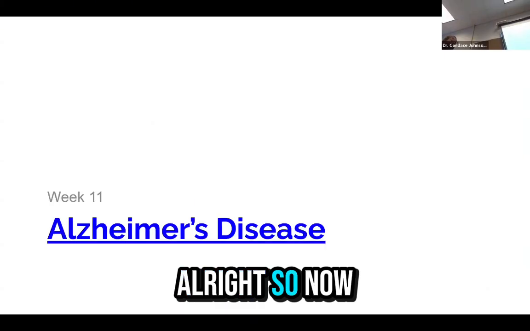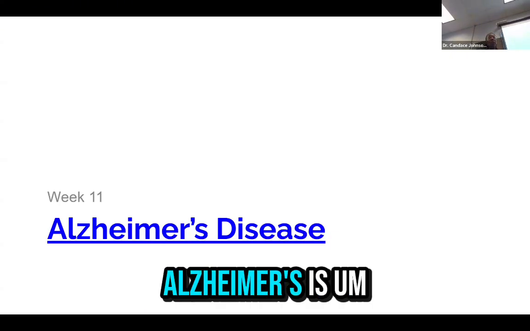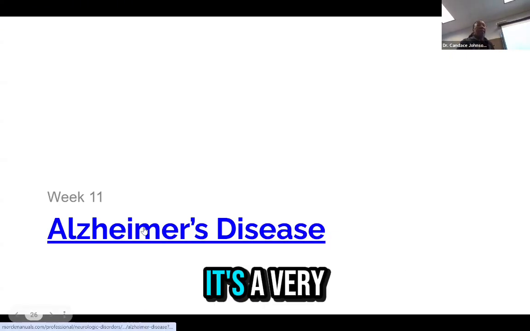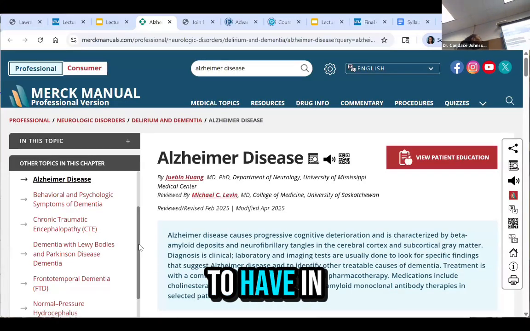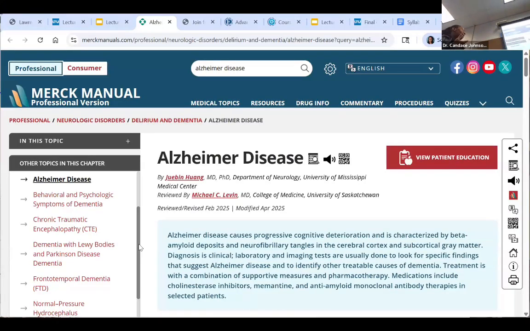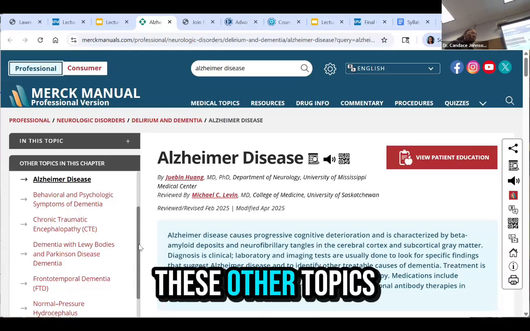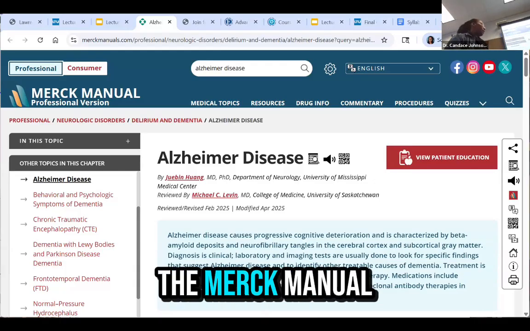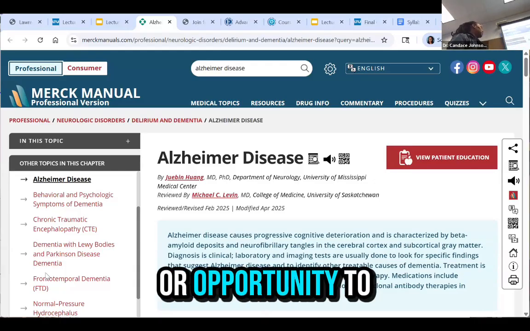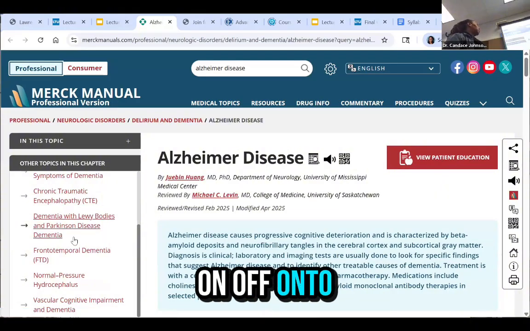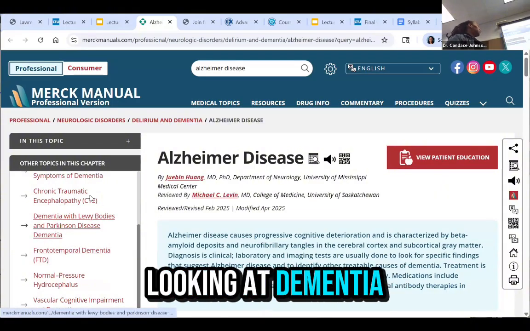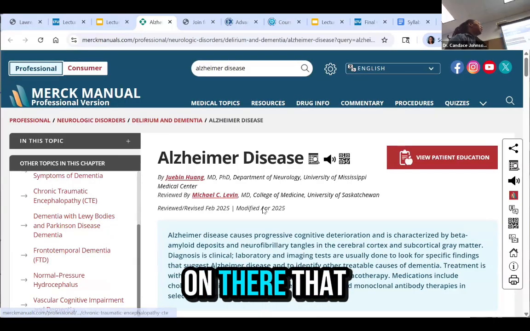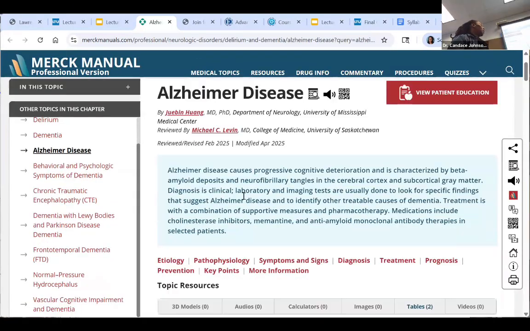All right, so now we move on to Alzheimer's disease. It's a very interesting topic to have in with these other topics. I do like the Merck Manual though. It gives you an opportunity to go off on another little tangent if you wanted to, for example, looking at dementia with Lewy bodies and what's going on there, that could be helpful.